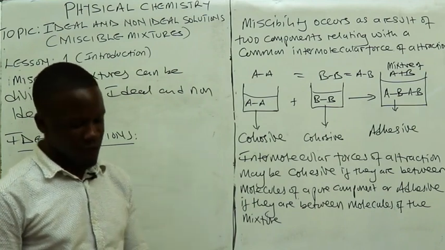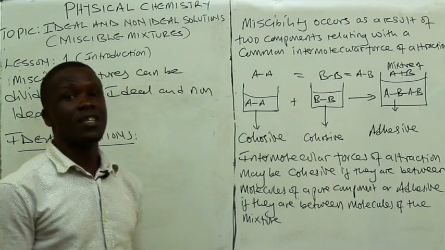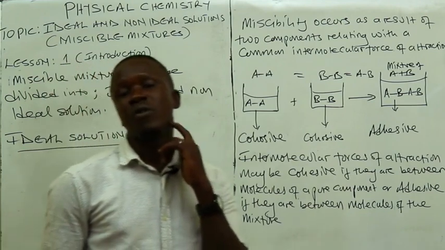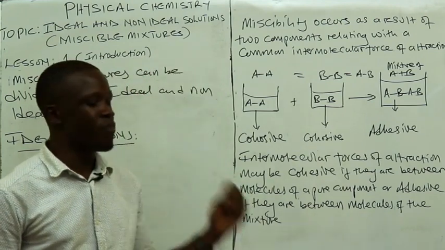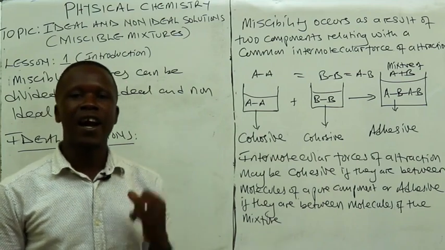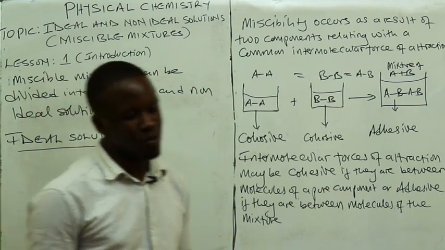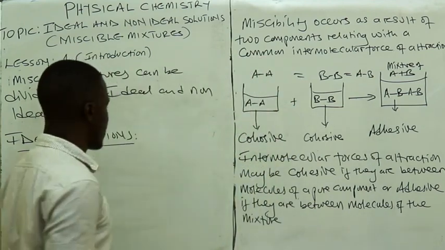And that will give us an ideal solution. Because of that, an ideal solution is described to follow what we call Raoult's law. It will obey a law of solutions, what we call Raoult's law of ideal solutions.